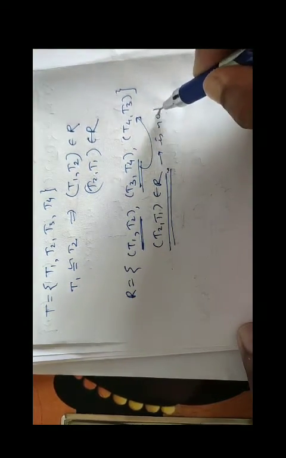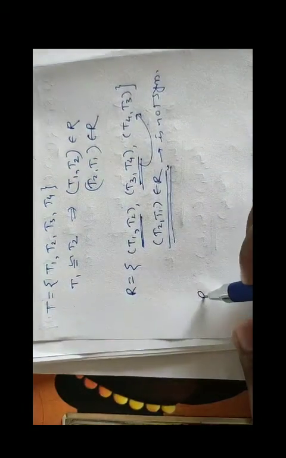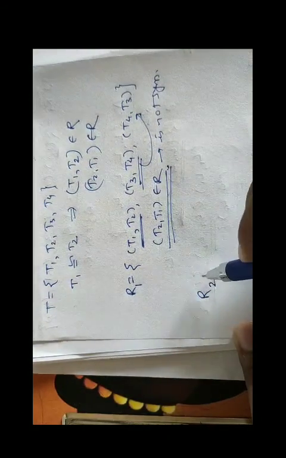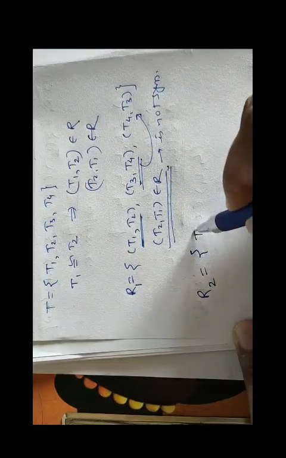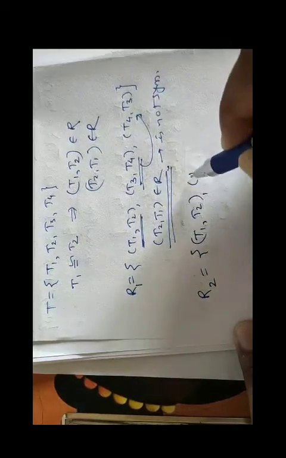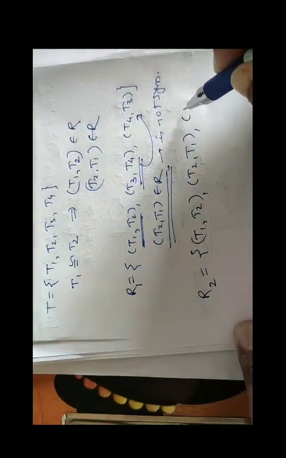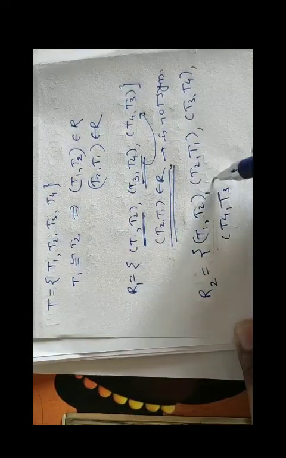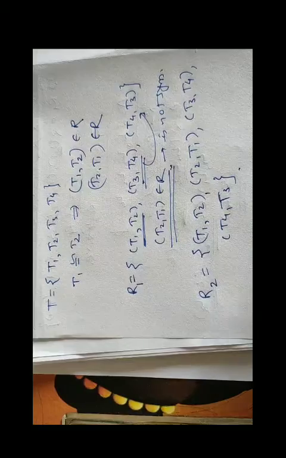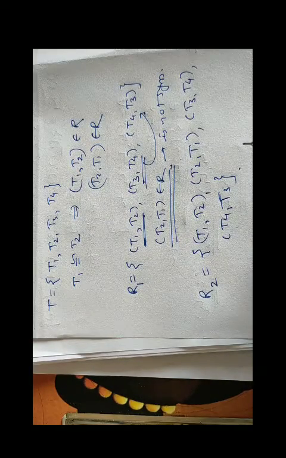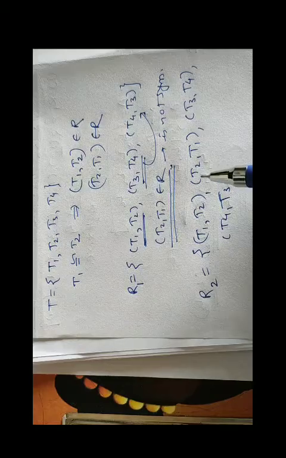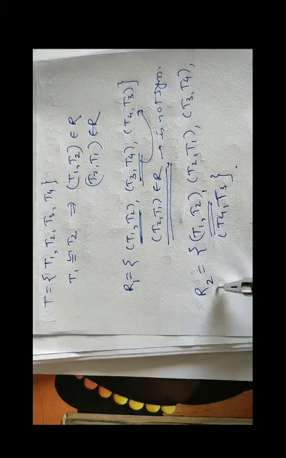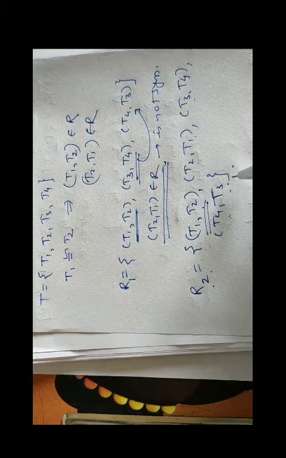If I call this R1 and this R2: in R2 we have (T1, T2), (T2, T1), (T3, T4), (T4, T3). Yes, this is a symmetric relation, because (T1, T2) belongs to R2, (T2, T1) belongs to R2, (T3, T4) belongs to R2, (T4, T3) belongs to R2, like that.